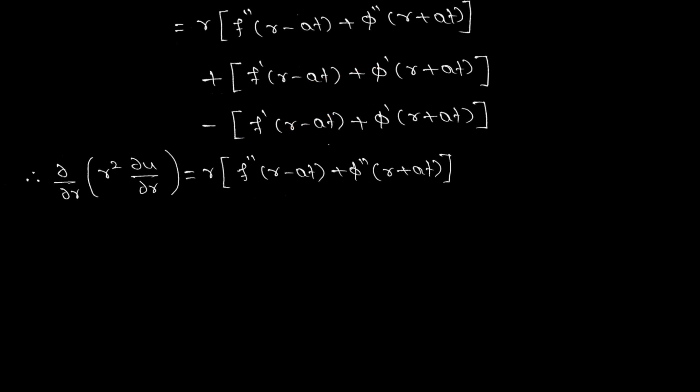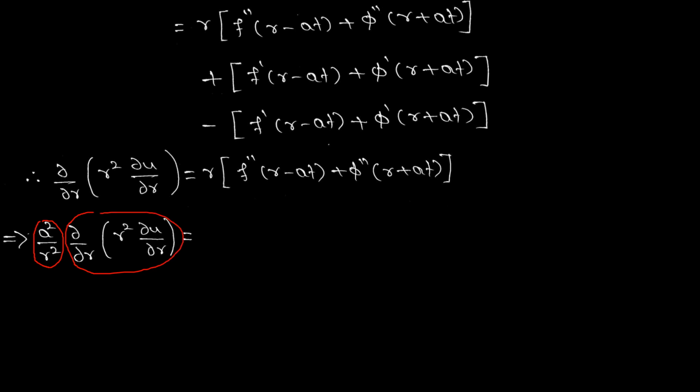What remains is this. Now again in the required equation in the RHS we have a square by r square into this derivative we have in the question. So for that reason let us multiply a square by r square both sides, here as well as here.